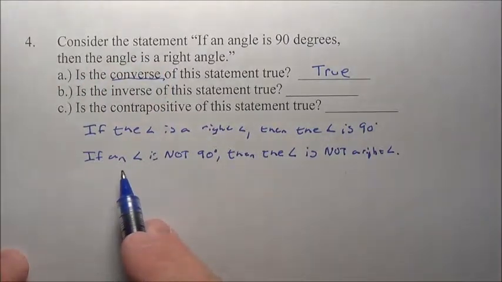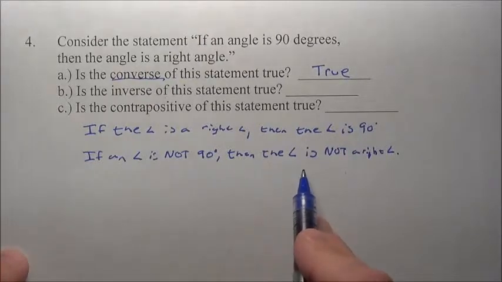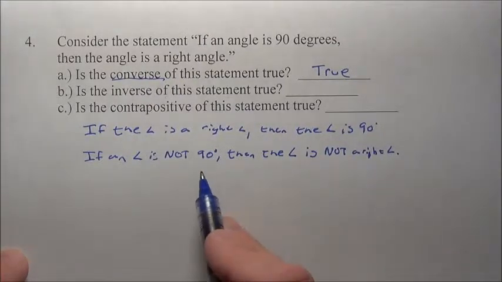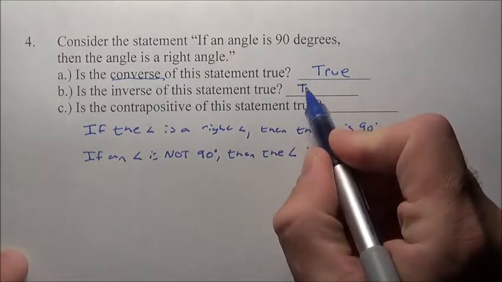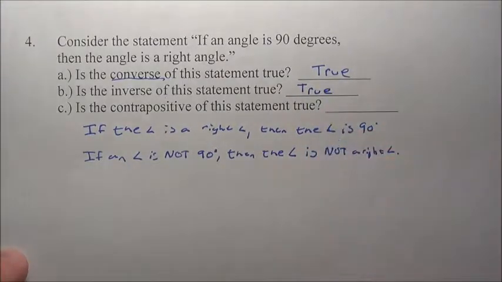Okay, so if an angle is not 90 degrees, then the angle is not a right angle. That's true. If it's not 90 degrees, there's no way it's a right angle.